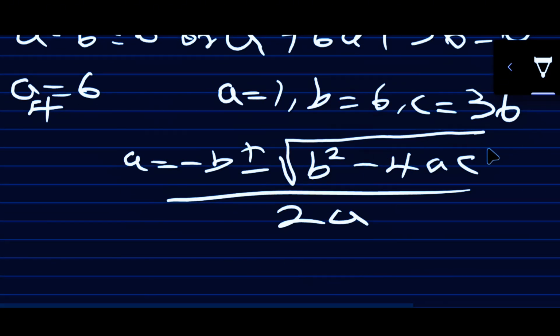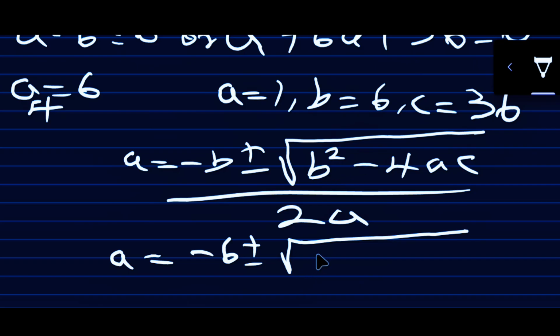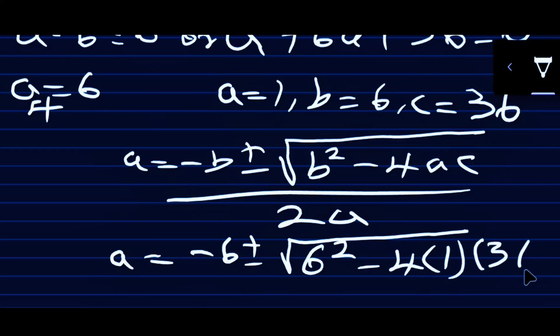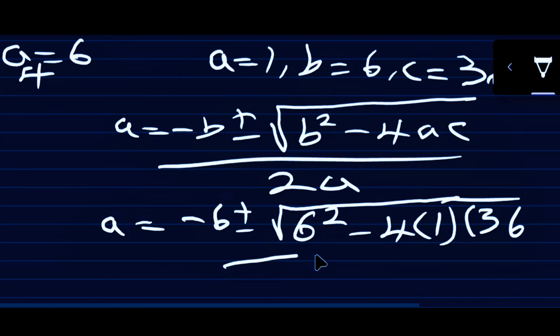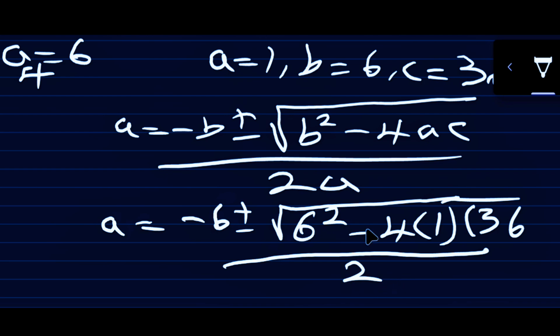So let's substitute these values in this given equation. a will now be equal to minus b, that is minus 6, plus or minus square root of b squared will be 6 squared, minus 4, open parenthesis 1, then times 36. Then we'll divide everything by 2 because 2 times 1 is still 2.